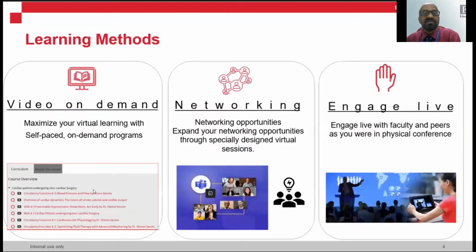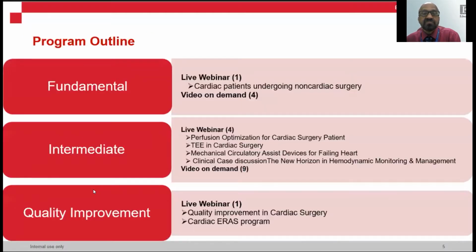The learning methods here include video on demand, networking, and engaging live meetings. So far, we have done one meeting in the month of August that included fundamentals. And today we'll be going to the next step, the intermediate stage, where we are going to deal with cerebral perfusion and management.